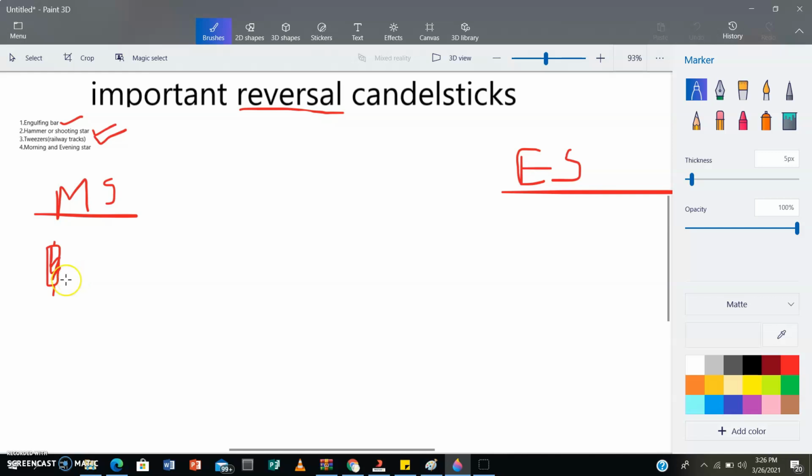Right here, we have a small, either bullish or bearish candlestick. It does not matter on either the morning star or the evening star. It can even be a doji, because its job is to represent indecision in the market. And then the third candlestick also matters, which is a bullish candlestick if it's a morning star.